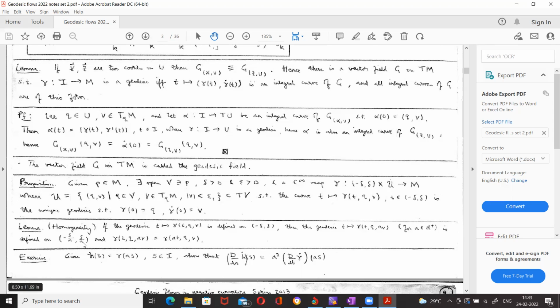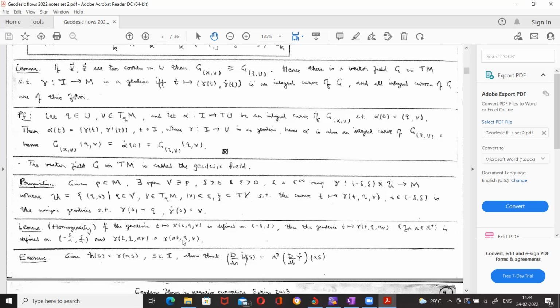And moreover, this geodesic is given by just a rescaling in the time variable. So gamma(t, q, av) will be equal to gamma(at, q, v). Multiplying the initial velocity by a corresponds to rescaling the time by a. This will also be a geodesic.